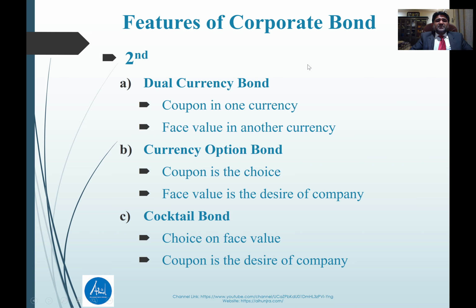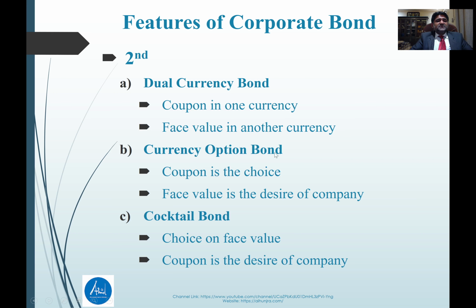Dual currency bond means coupon in one currency, face value in another currency. Look at the word: dual currency, and there are two components, coupon and face value.